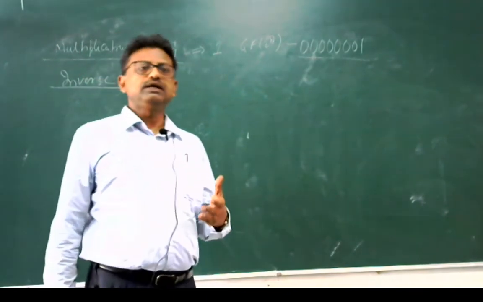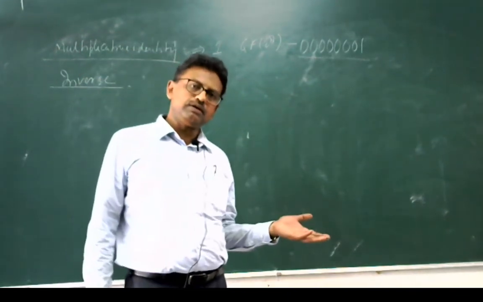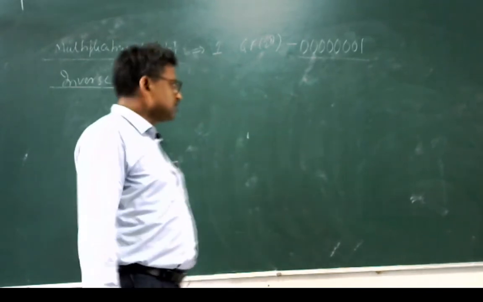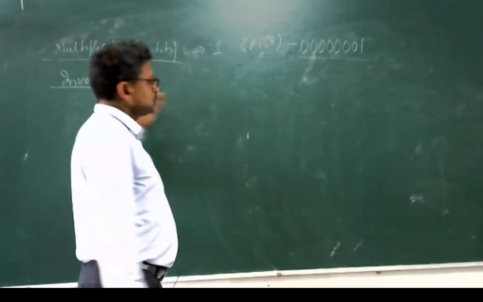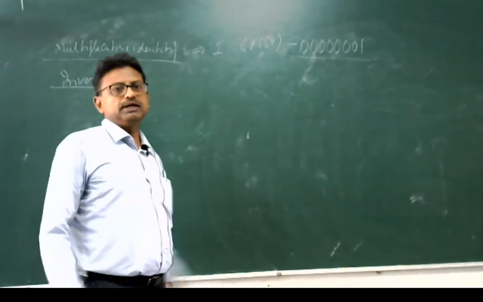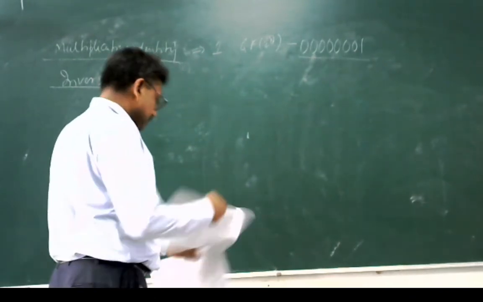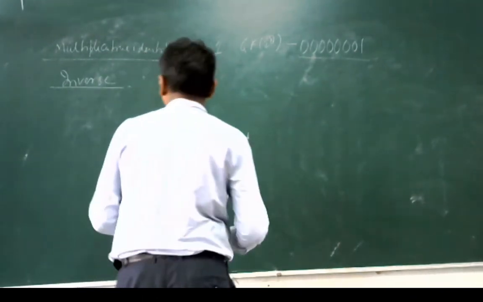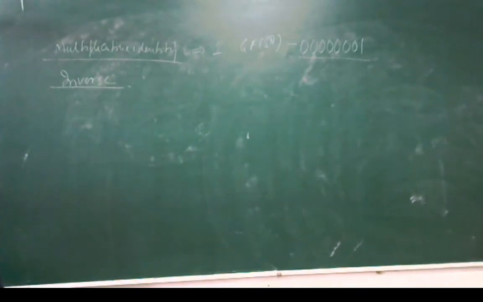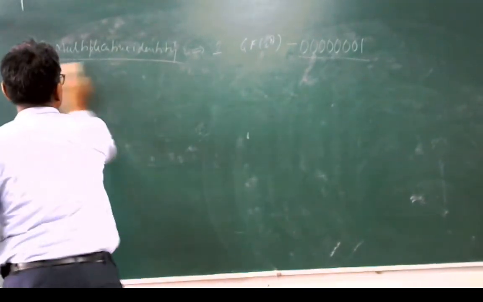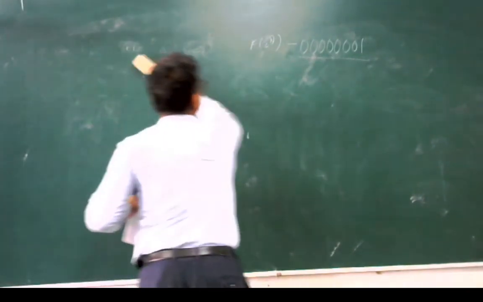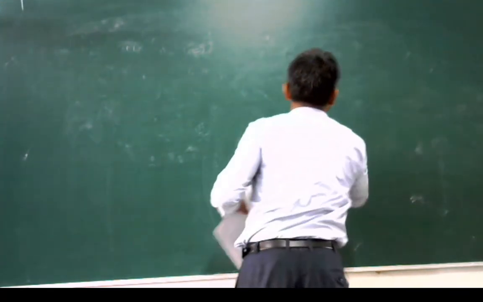Same way, if you have to find out the inverse of a polynomial, you have to apply the extended Euclidean algorithm. So let us check with an example how we will find out the multiplicative inverse of a polynomial with certain mod value.